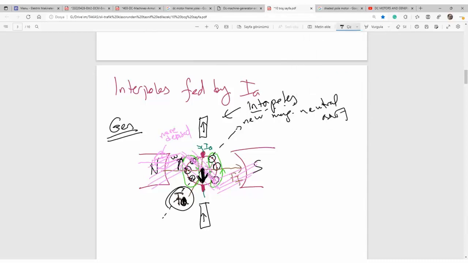Any magnetic field from here to here is, as you know, from N to S. Inside the magnet, it is from S to N. Assume that here is a permanent magnet. Magnetic field lines are N to S outside the magnet, but inside the magnet, it is from S to N. So here is S and here is N. Push the magnetic field up.